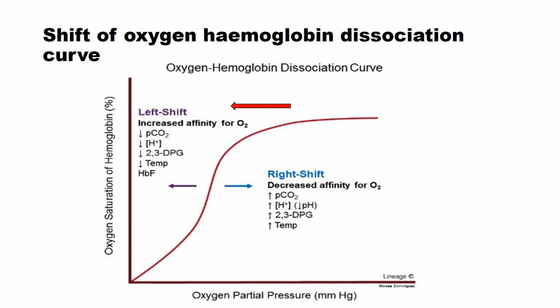It can be shifted to the left, which reflects the increased affinity of hemoglobin for oxygen and therefore decreased release of oxygen, by factors such as decrease in temperature, fetal type of hemoglobin, decreased partial pressure of carbon dioxide, and decreased 2,3 DPG level. Similarly, it can be shifted to the right, seen in conditions when there is increased temperature, decrease in pH, increase in partial pressure of carbon dioxide, and increased 2,3 DPG level. They cause increased release of oxygen from the hemoglobin.